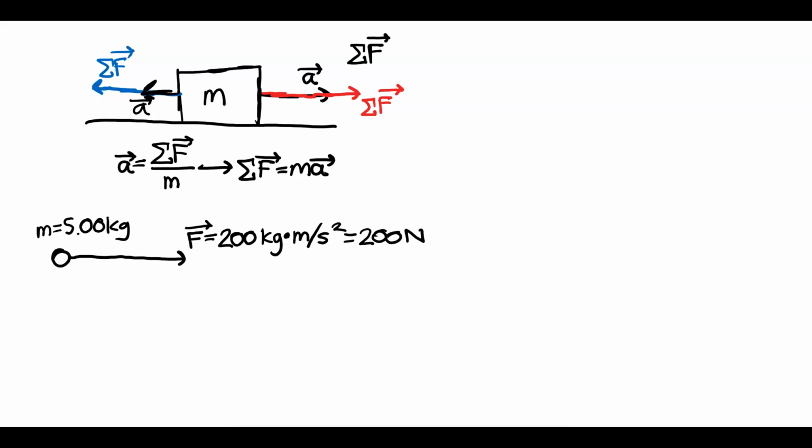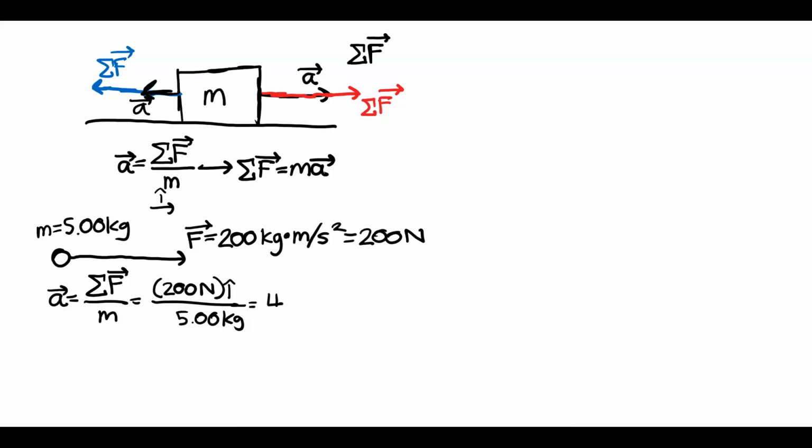So a force of 200 newtons. What is our acceleration? Now this is trivial because there's only one force. Acceleration is equal to the net force over the mass. Well, the net force is 200 newtons, and if we define this as the I direction, over 5 kilograms, we get 40 meters per second squared in the I direction.